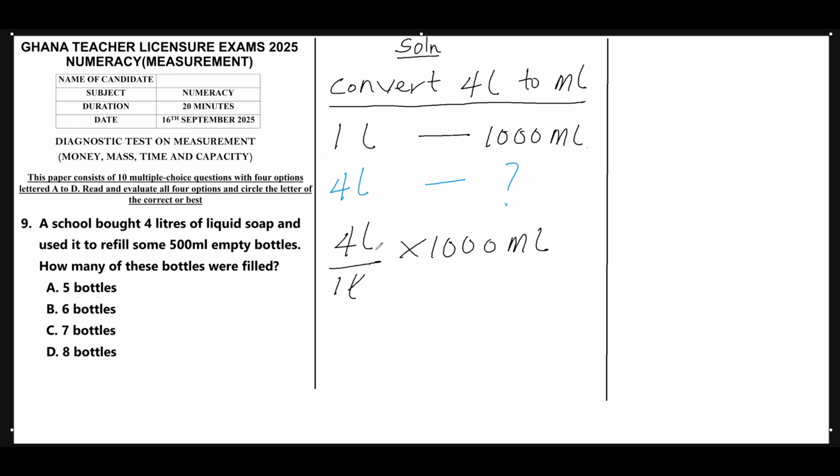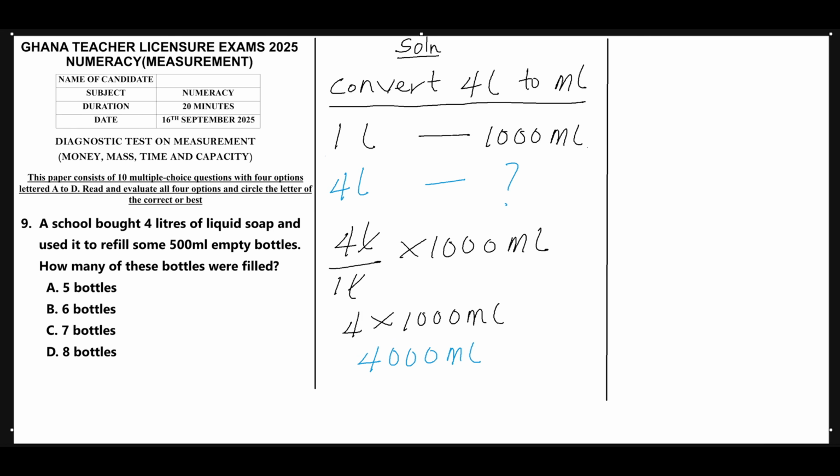So the liters will cancel out, leaving 4 multiplying 1000 milliliters. And then 4 multiplying 1000 milliliters, that is 4000 milliliters. So the capacity of the liquid soap in terms of milliliters is 4,000 milliliters.